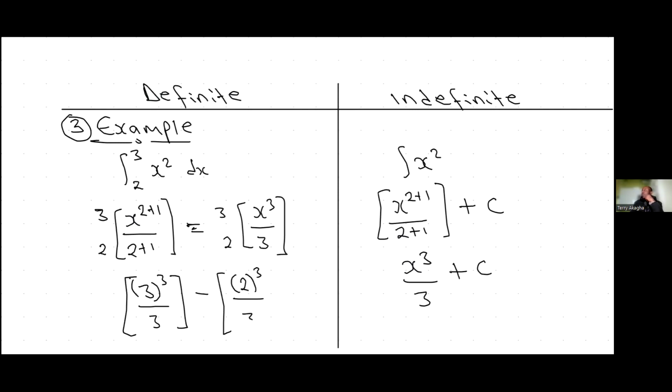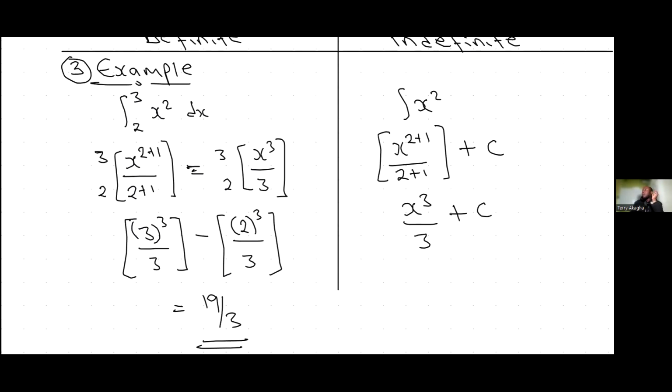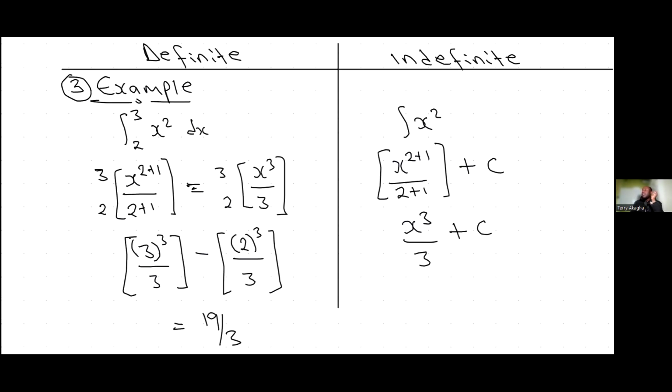And then you press your calculator, and the answer you get should be 19 over 3. So you can see when you solve a definite integral, you get a definite number as the answer, while for indefinite, you get an answer in terms of x plus the constant, all right?